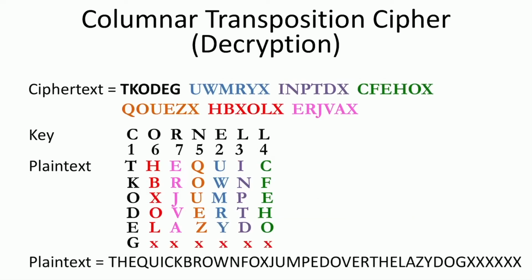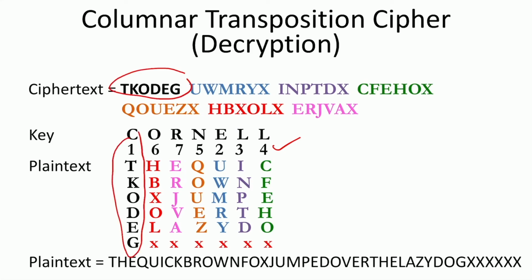Now we have to write these chunks as columns in the appropriate location. You can see the alphabetical order of the key letters here. This is similar to how we had this in encryption. Now we are going to write the first chunk, which is TKODEG, corresponding to the key letter which is assigned order 1 alphabetically. Right, so we are going to take this chunk and put it here.